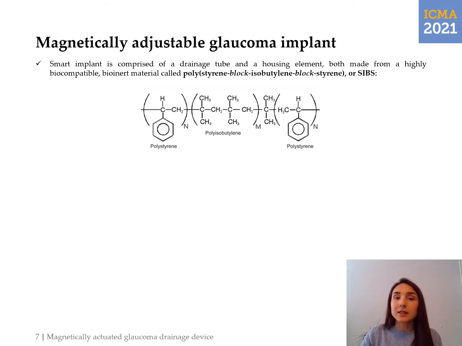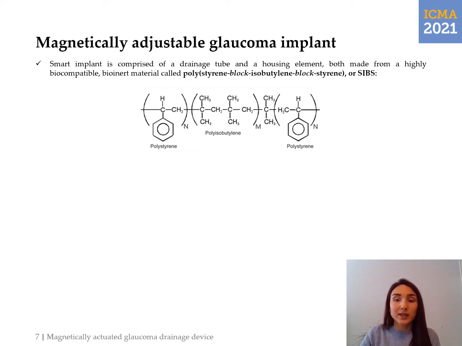Well, the magnetically adjustable glaucoma implant that I'm working on right now is comprised of a drainage tube and a housing element, as you will see later. This implant is made of a highly biocompatible, bioinert material called polystyrene-block-isobutylene-block-styrene, abbreviated SIBS.